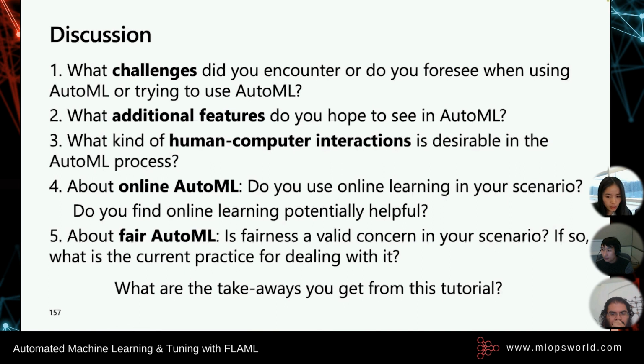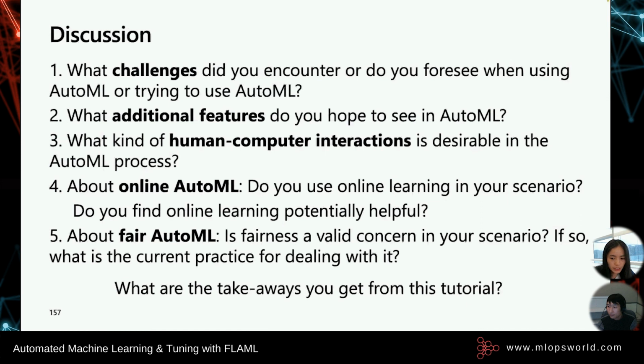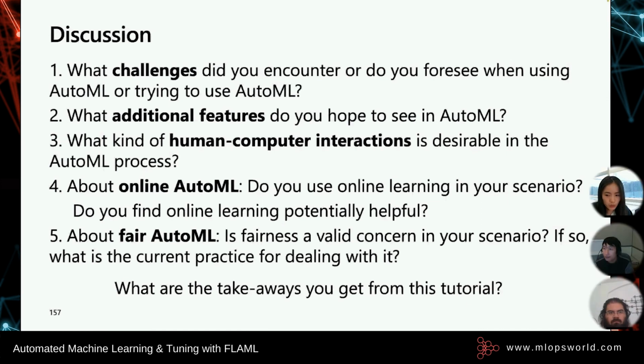And the fourth question is about online AutoML. We have done some preliminary work on online AutoML, but we want to know, do you use online learning in your scenario? Do you find online learning potentially helpful? And if you are using online learning, what kind of libraries or tuning tools are you using?